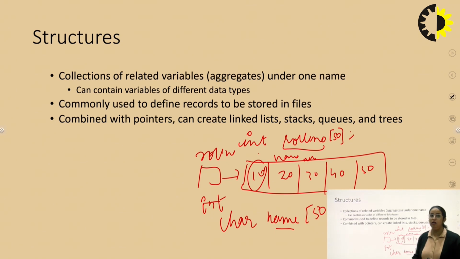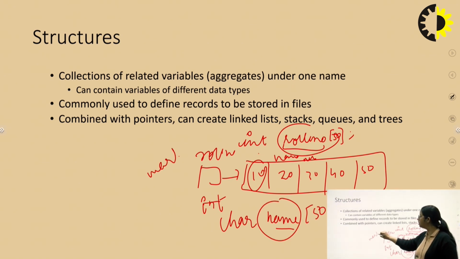Under one variable name we store the roll number, the name, and the marks. So that is known as a structure. Whenever we want to store multiple or different types of data in a single variable name, that is known as a structure.